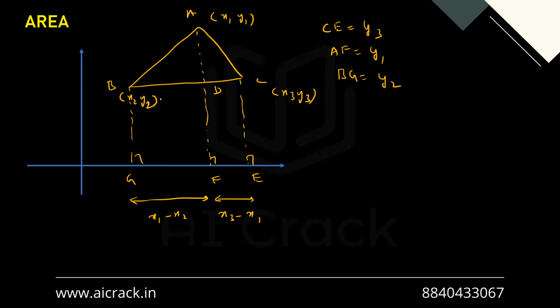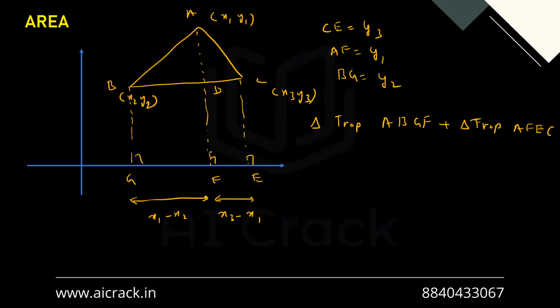Now what I'll be doing, I'll try to find out the area of this triangle with the help of trapeziums. So the area of the triangle: I can write the area of the entire figure as trapezium ABGF plus trapezium AFEC, and ABGF.